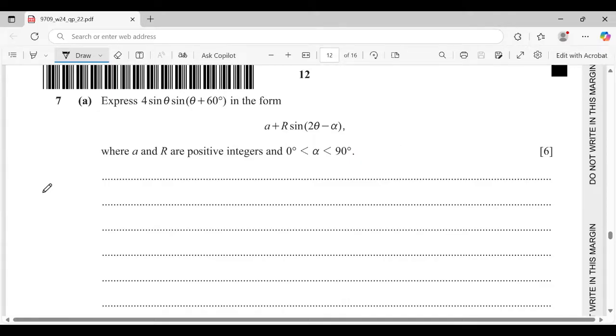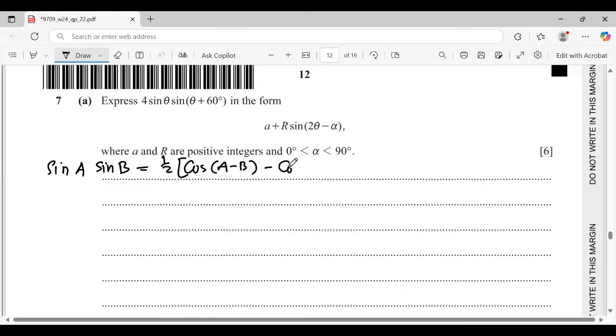I would like to start with the trigonometrical identity that sine A times sine B equals 1/2 times cosine A minus B minus cosine A plus B.